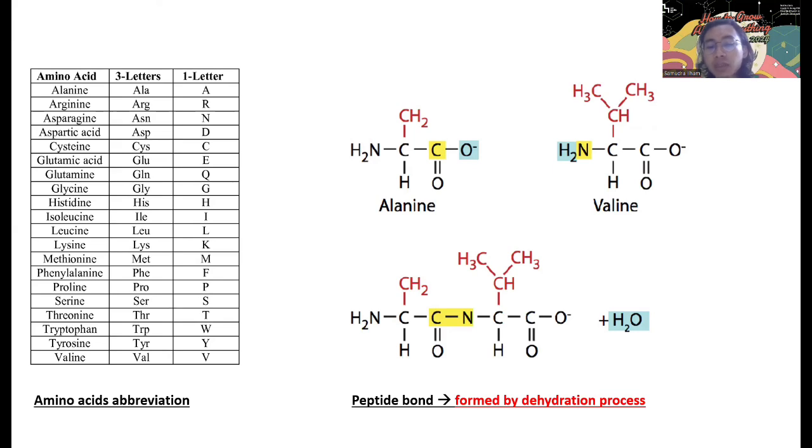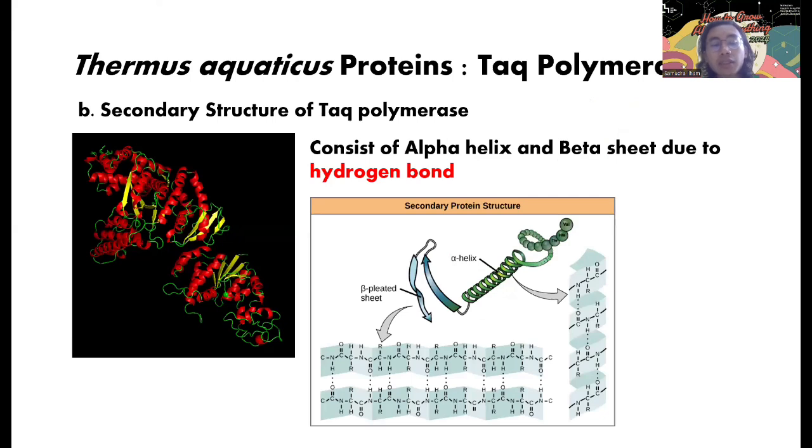The peptide bonds are formed by dehydration processes. For example, in alanine and valine, carboxyl groups and amino groups are held together and release H2O, water.